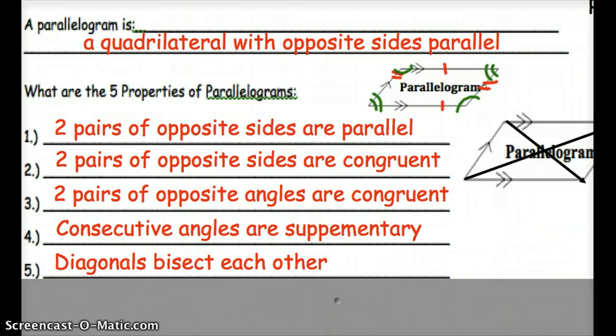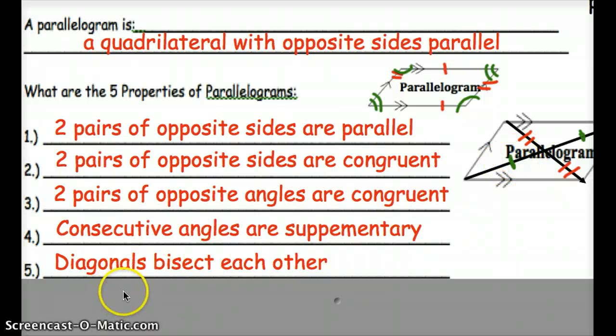And what this property is saying is that bisect means cut in half. So I'm going to have this segment and this segment congruent, but I also have these 2 segments congruent to each other. So the diagonals bisect each other, giving you 2 pairs of congruent segments.